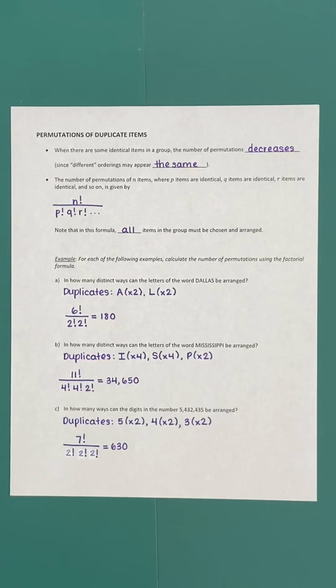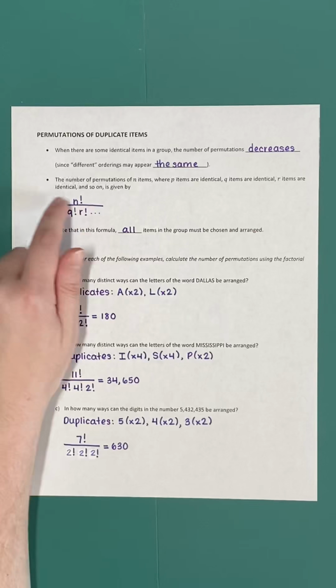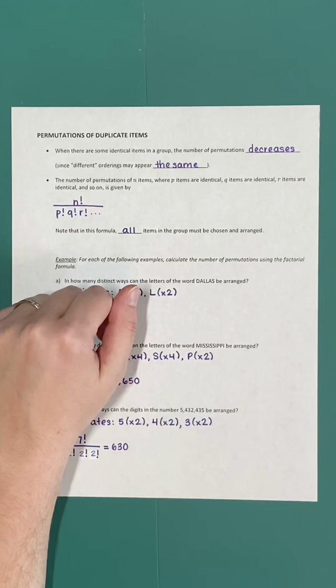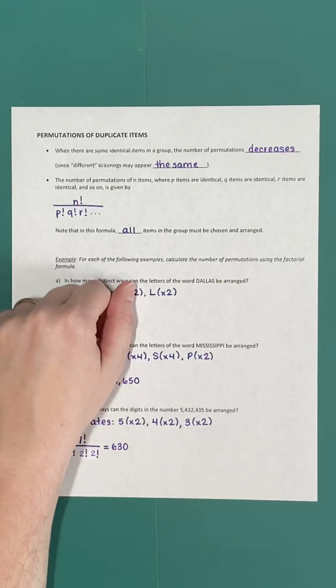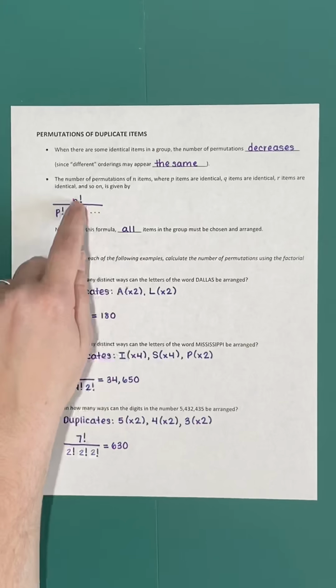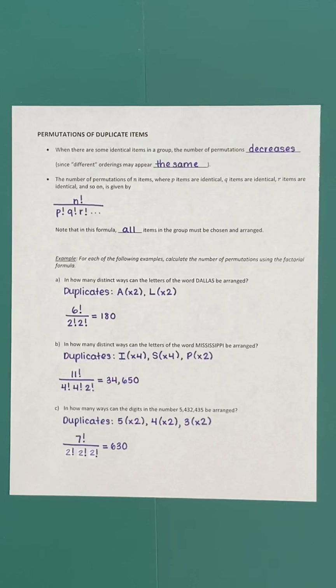If we want to determine how many ways we can create a permutation of these items, taking into account that some of the items look the same, it's going to be n factorial divided by, take all of those subgroups, take the factorials of those, and then multiply all those together, and that's going to be our denominator. Now keep in mind, in this formula, it's implied that all items in the group are chosen and arranged.